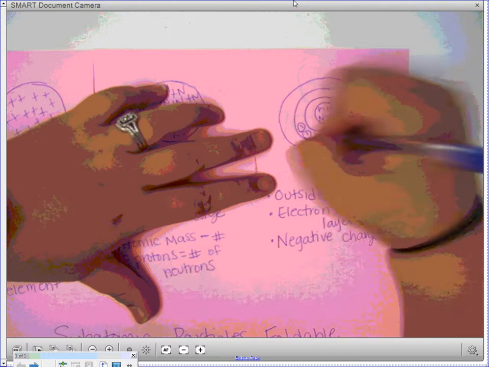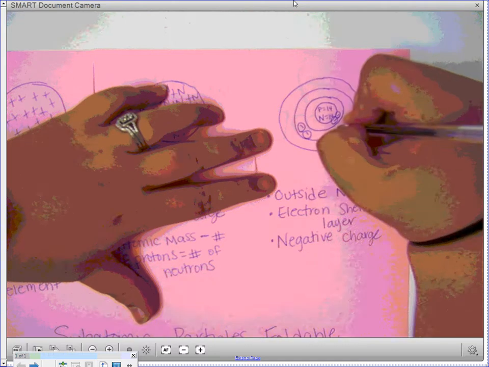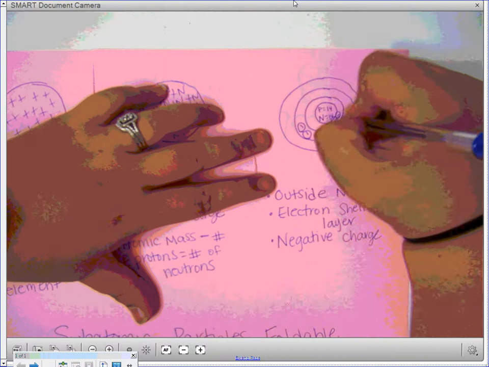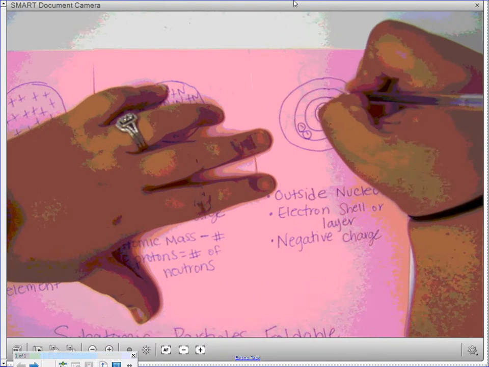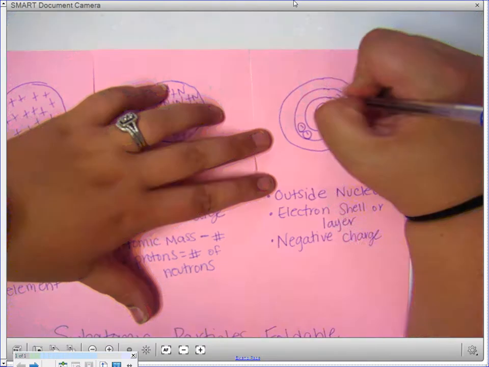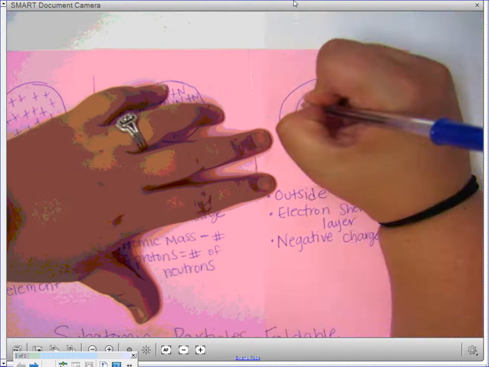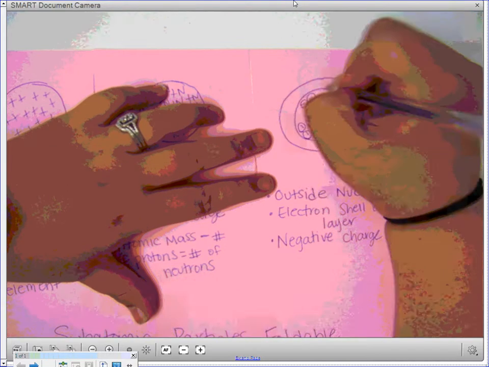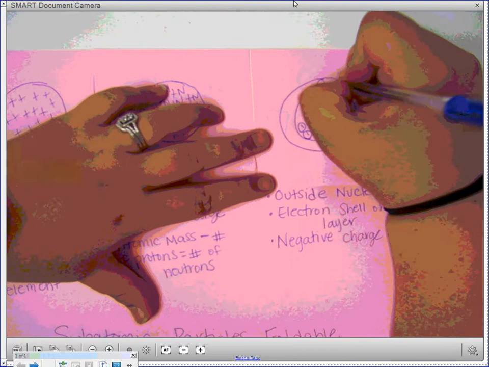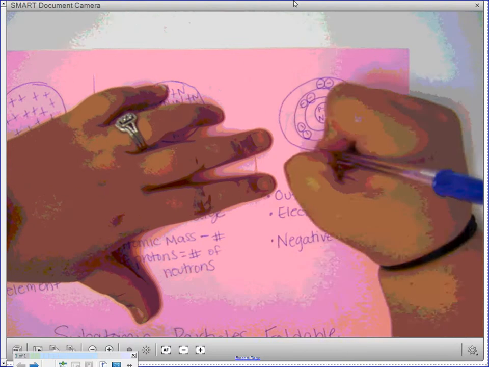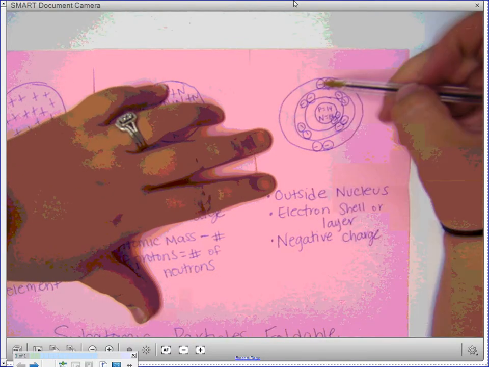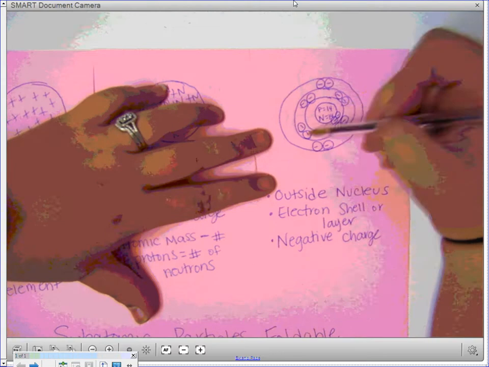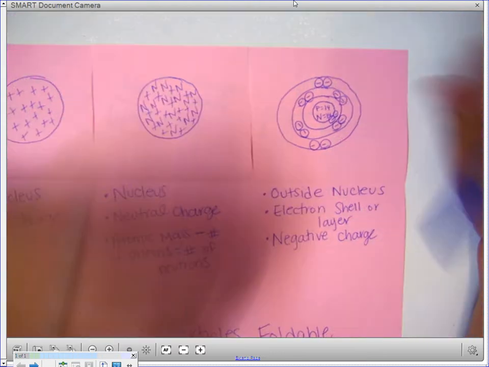Yes, it does matter where you put them. You will learn that eventually. But for now, just copy what I do. One, 2, 3, 4, 5, 6, 7, 8, 9, 10, 11, 12, 13, 14. That's right. Okay.